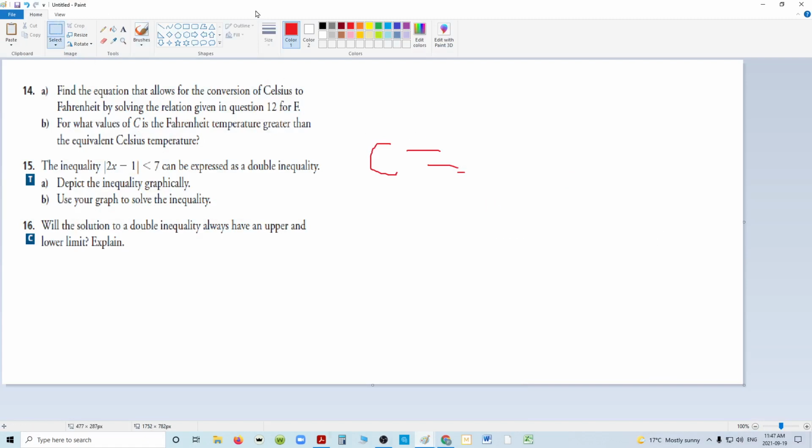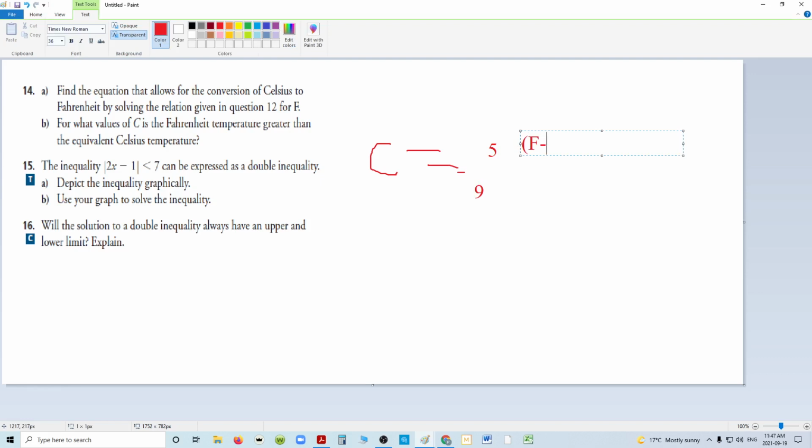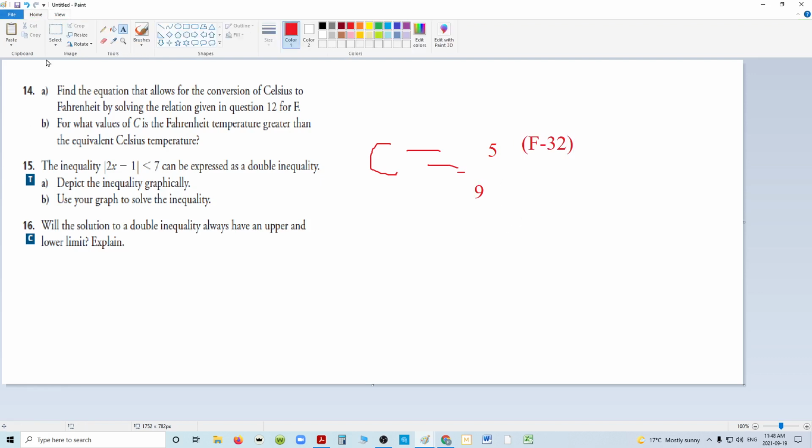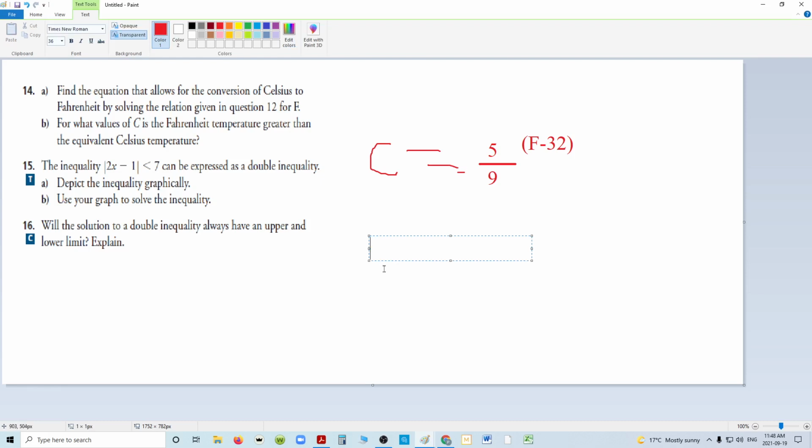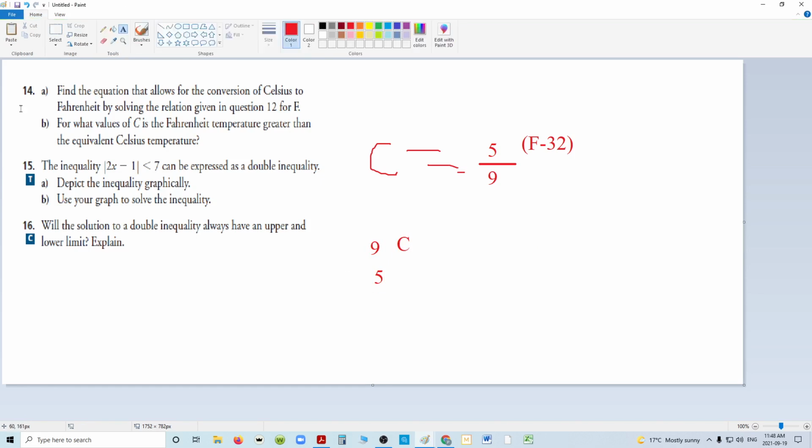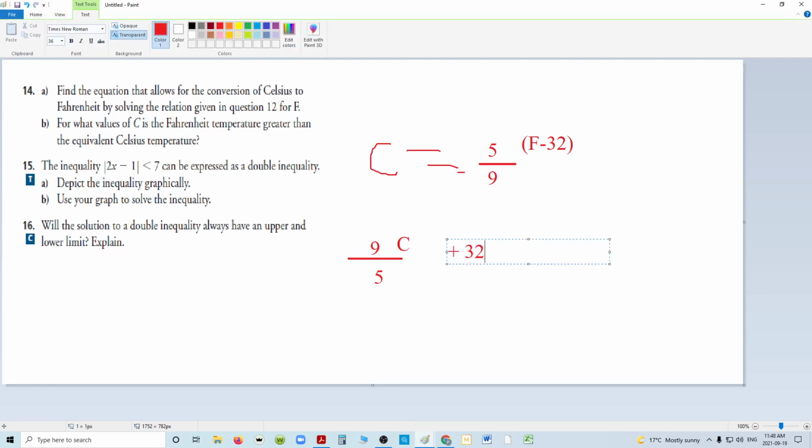So it's like this: 5/9 (F minus 32), and they want you to solve for F now. They want you to have an equation where F is equal to something. So what it is: 9/5 times Celsius, plus 32, is equal to Fahrenheit.